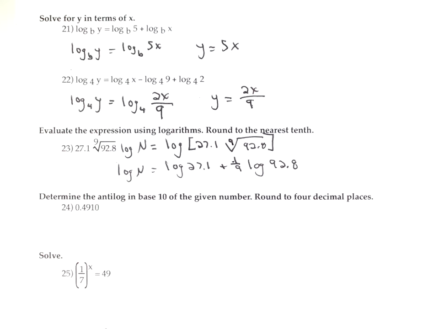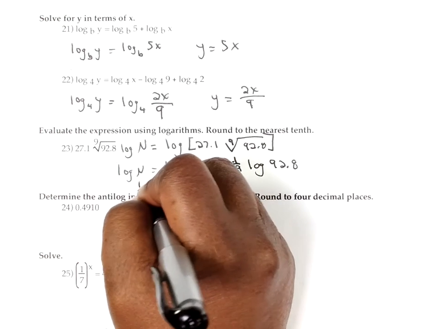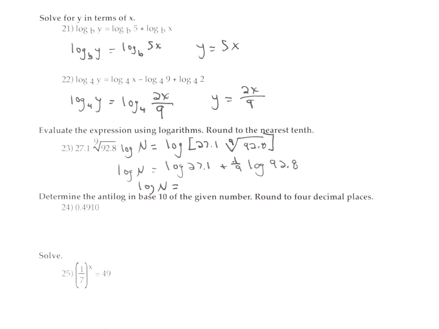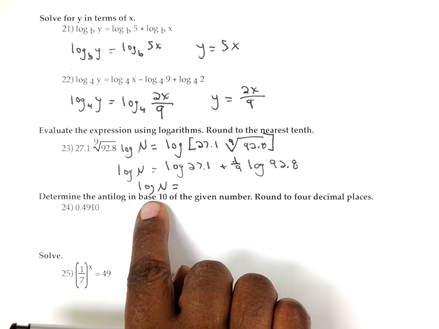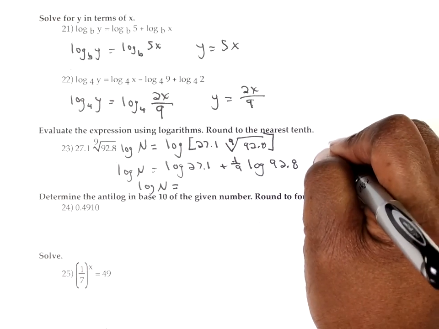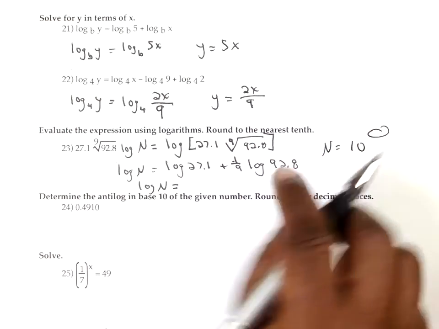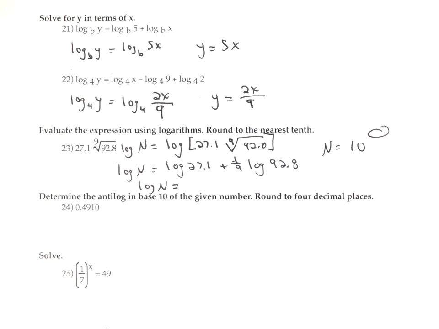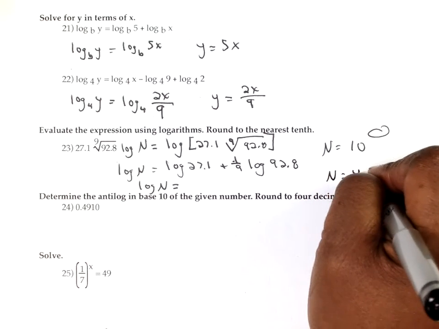So plug those in your calculator. And then after you get that answer, you just have the log of n equaling whatever that is. And then the last step is, because this base is 10, n is equal to 10 to whatever this is when you plugged it in your calculator. And I do know what the final answer is somewhere. So n is equal to 44.8.